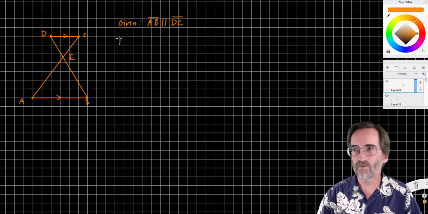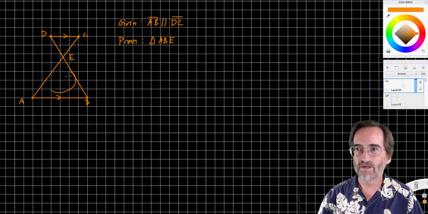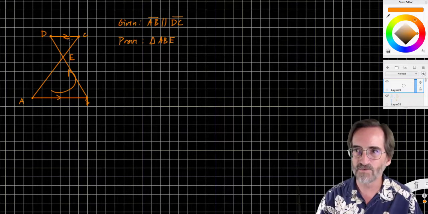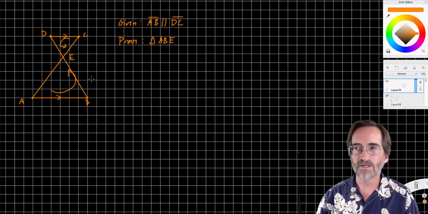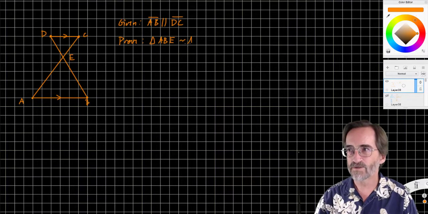And we want to prove the triangles are similar. So prove triangle ABE, like Abe Lincoln, right? ABE is similar to, and we've got to match this up. It's going to be similar by rotation. So A goes with C to CDE. So ABE is similar to triangle CDE.